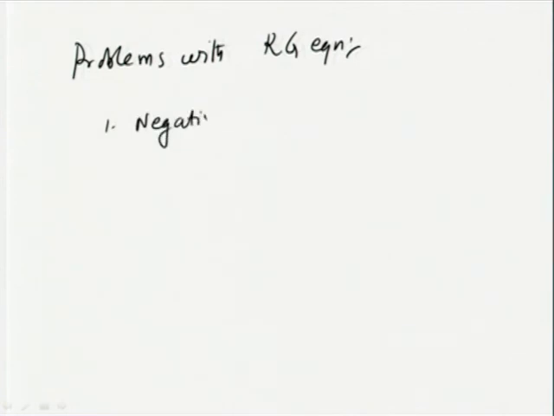We do not want negative energy solutions, but the Klein-Gordon equation gives you solutions with negative energy. So the problems with the Klein-Gordon equation as it stands now are: 1, negative energy solutions.